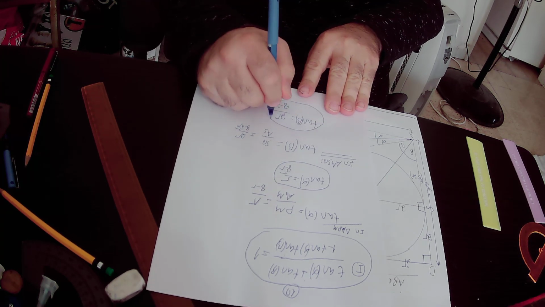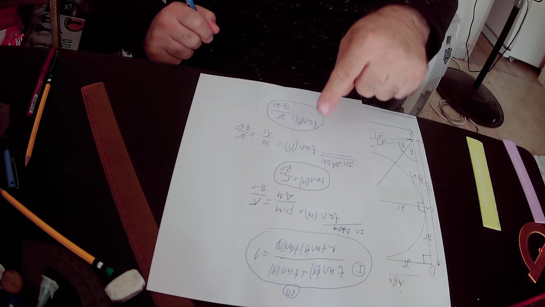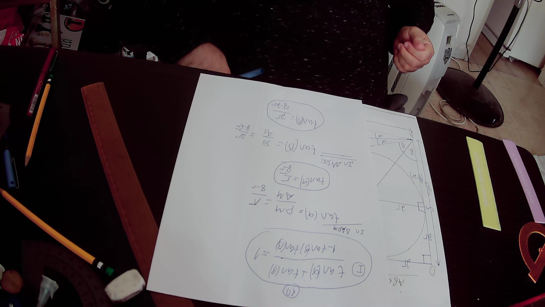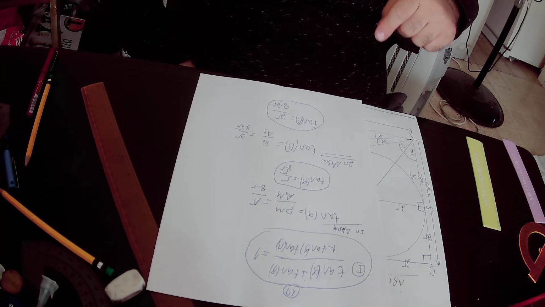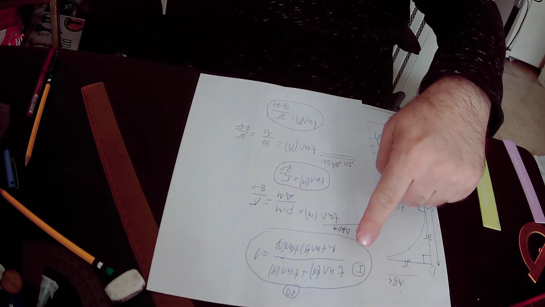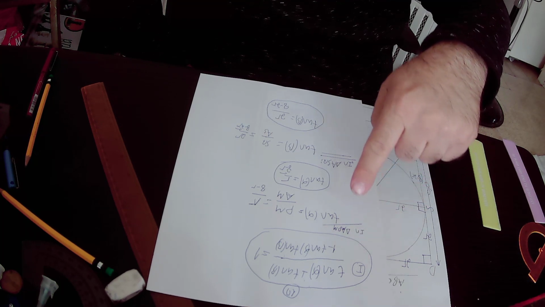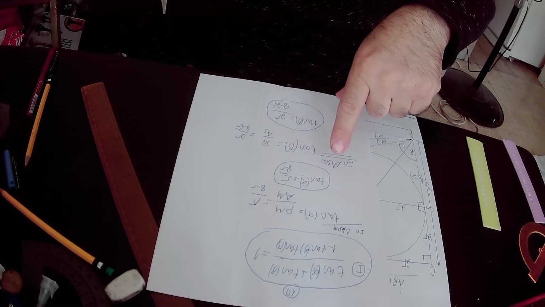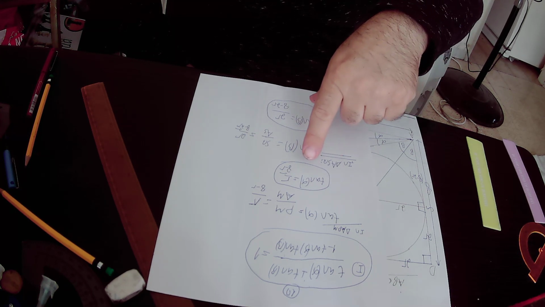So we actually found out the values of tangent alpha and tangent beta. In the next step, we will substitute these values in equation number 1.